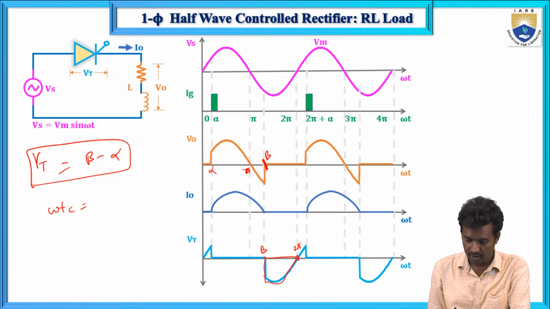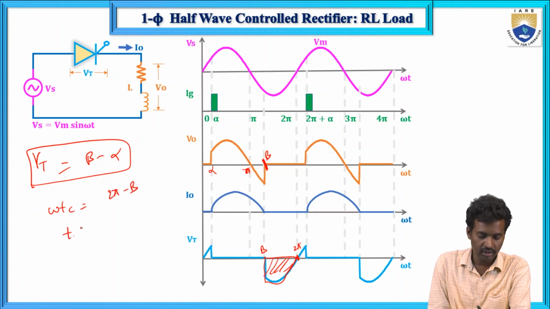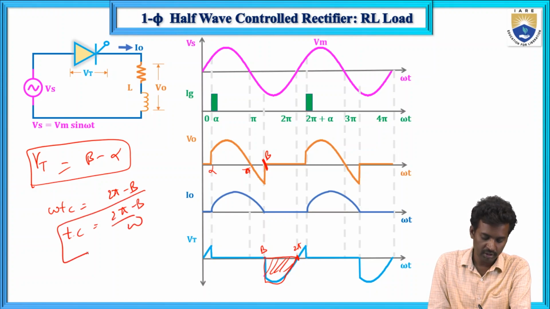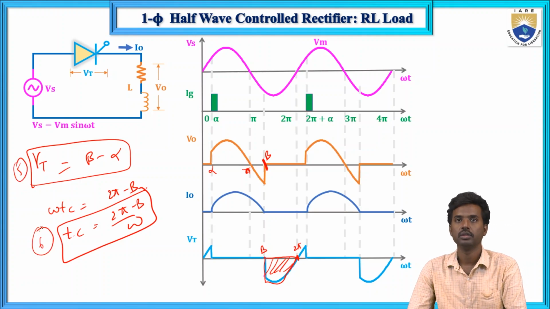In this duration, from beta to 2 pi, it is in reverse blocking mode, that is 2 pi minus beta, and Tc equals to 2 pi minus beta by omega. This is the circuit turn off time. This is the 5th point and this one is the 6th point. This is regarding RL load.